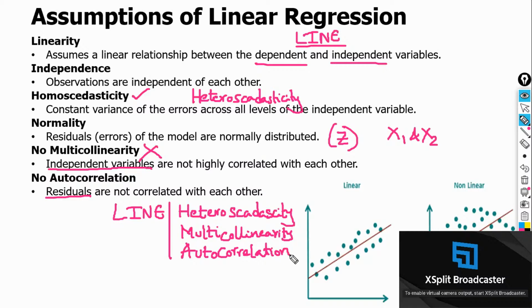So focus, friends. These are the issues and these are the assumptions. If we have any of these issues, we are going to overcome them. We'll apply some kind of solutions to overcome these issues.